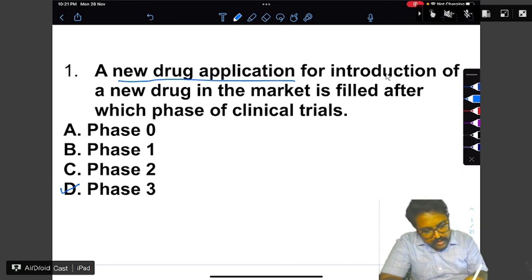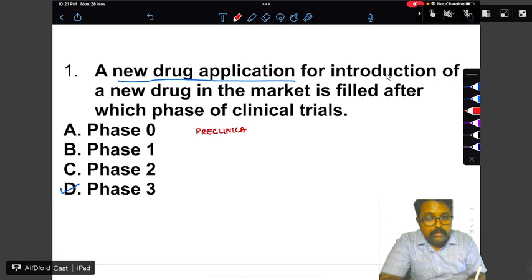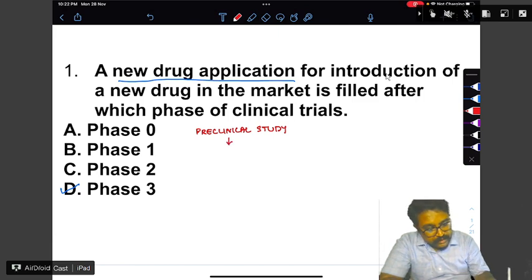So just to understand the concept of the clinical trial, first we will be doing the preclinical study. Once the candidate molecules are showing beneficial efficacy, the application will be given for the new or the investigational drug application.